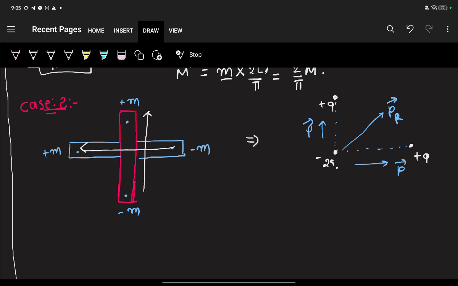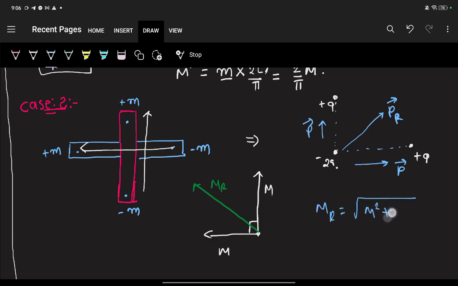So vectorially they are making an angle of 90 degrees with each other, and this will be its new magnetic moment. Vectorially we know how to find the resultant if the angle between two vectors is 90 degrees. It will be simply square root of m square plus m square, so that gives us root 2 m. This is the answer. Understood?